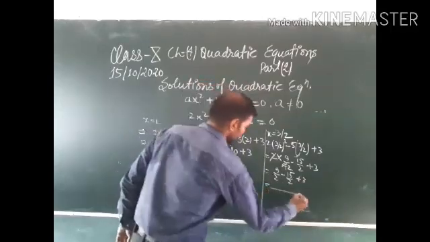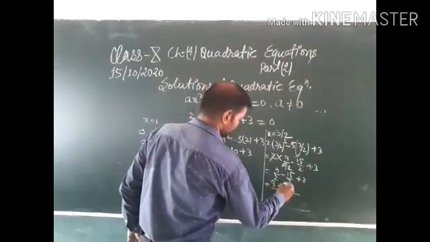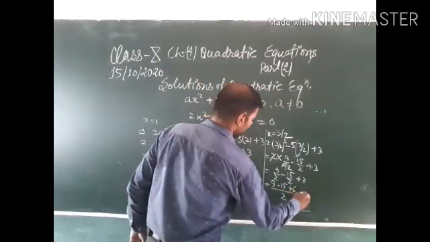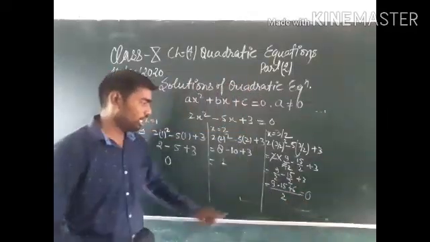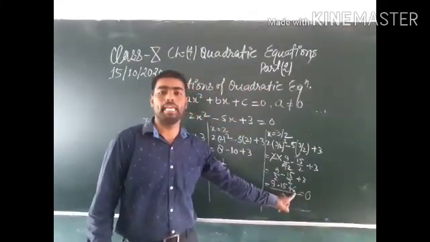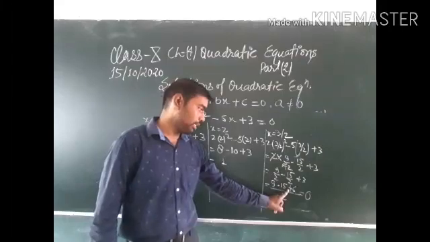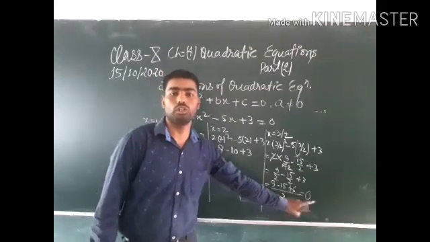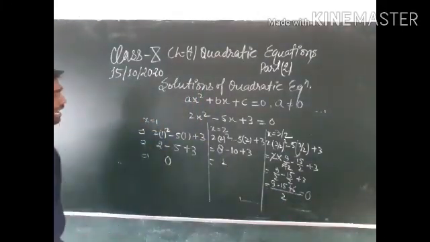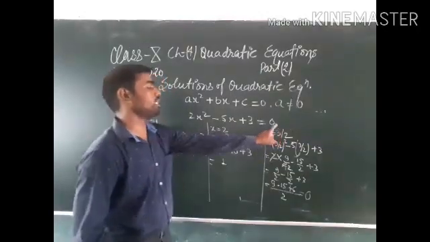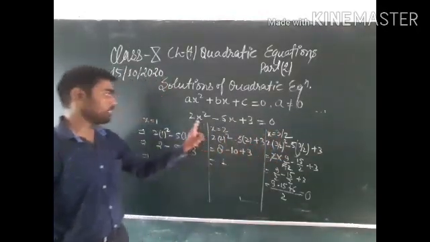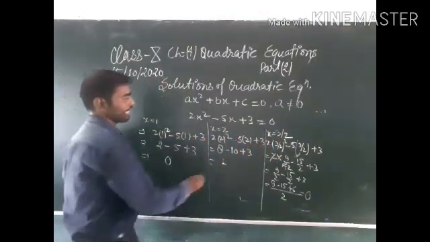Take 2 as LCM: 9 minus 15 plus 6 over 2. This is also equal to 0, because 9 plus 6 is 15 and 15 minus 15 is 0, and 0 by 2 is 0. So x is equal to 3 by 2 is also a solution of this given quadratic equation.